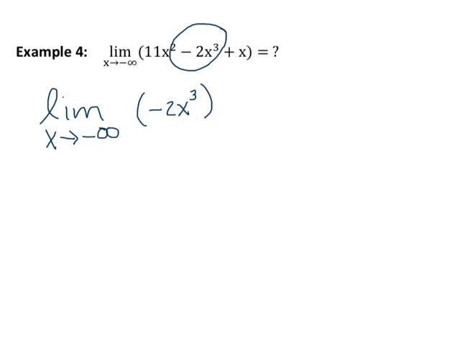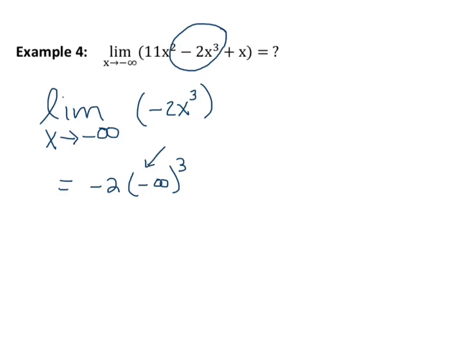So we're going to plug in infinity, and this is going to help us out greatly because we're going to determine, well, if this goes to infinity, does it go to positive infinity or negative infinity? And here's what's going to happen. When we plug in that infinity, we have negative 2 times negative infinity cubed. Let's think about this for a second. Following our order of operations, we have to do the exponents first. We have negative infinity cubed. If you have some negative number cubed, you end up with a negative number.